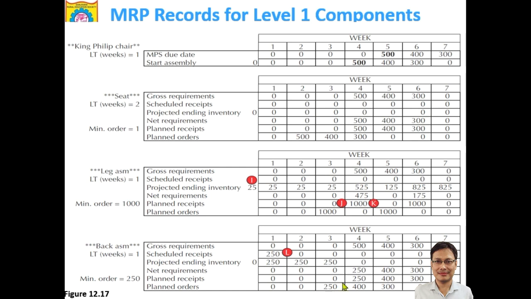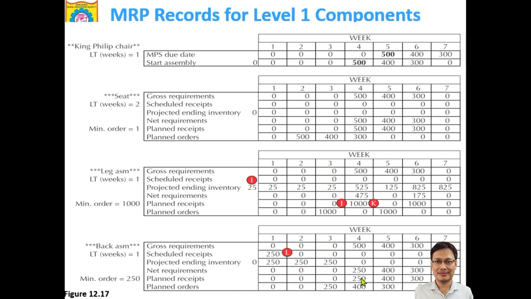So the planned order here is 250. It's exactly what is required. And how is it possible? Because here again, the condition of the supplier is a minimum order of 250, which we fulfill. The exact requirement is also the minimum order requirement of the supplier.